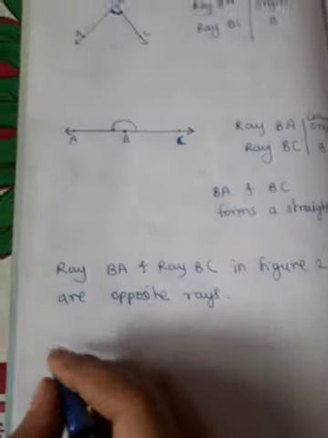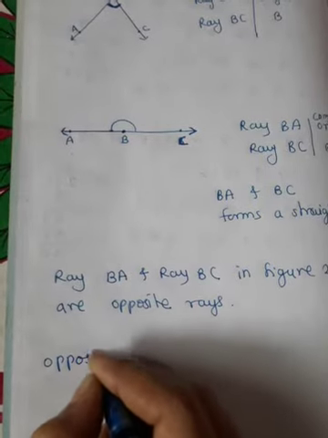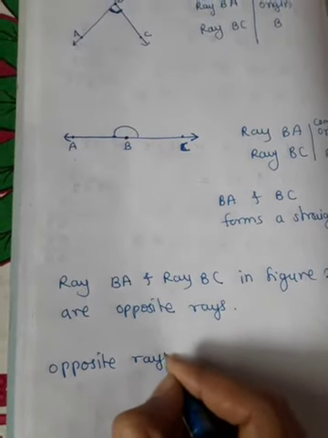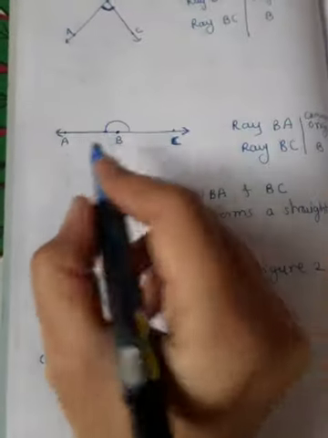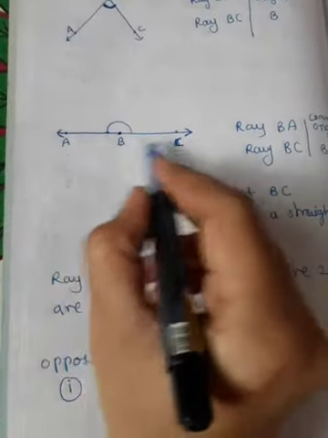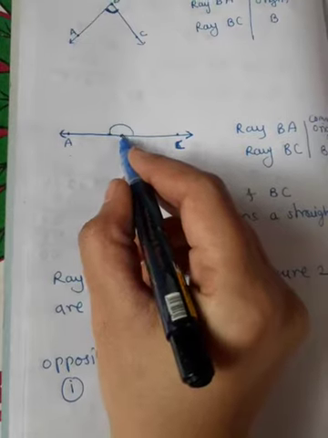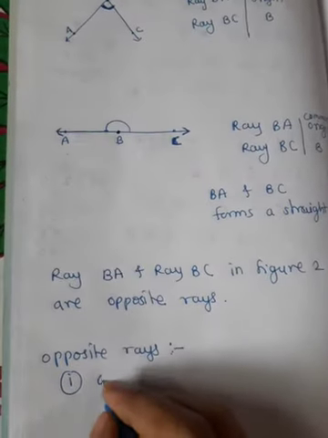So what are the conditions for two rays to be opposite? The first condition is that the two rays must have a common origin, okay.